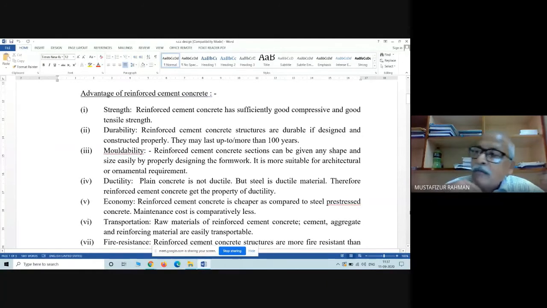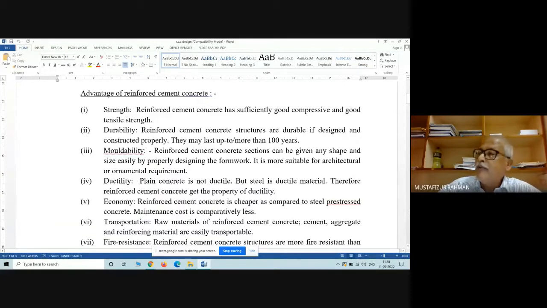But in case of other materials, particularly steel or wood, it is not easy to get different sizes. But in case of concrete, if you already know the size required, you will be able to do it.